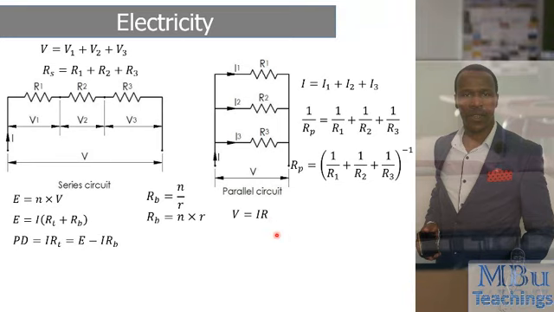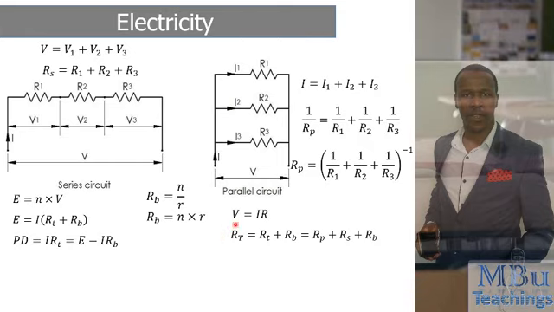Alright, then let's move further to the total resistance. Now there's a difference between this total resistance and this one. This total resistance is the resistance for all that are there.